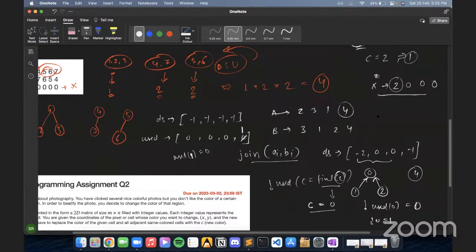It goes into the if condition, and then it does used[C] equals to 1, that is used[0] equals to 1, right? It makes the parent of each group, whatever that group is, equal to 1.